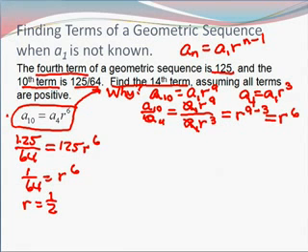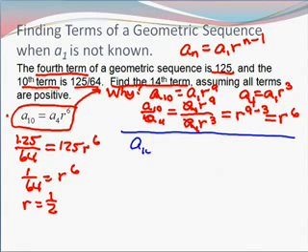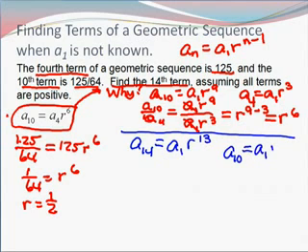Okay, so let's set up our equations for finding A14. So A14 is equal to A1 r to the 13th, and A10 again is equal to A1 r to the 9th. And let's find the ratio of those two terms.